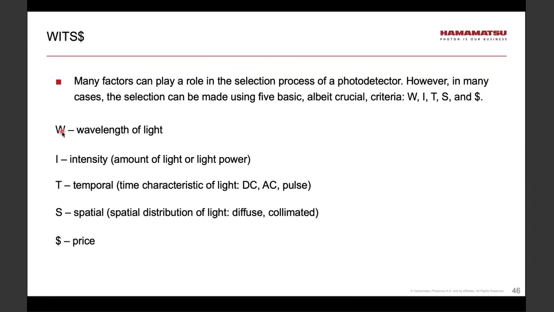W stands for the wavelength of light, I for the intensity or amount of incident light power, T for temporal characteristic of light, whether it's DC, AC, or a pulse, S for spatial characteristic, whether light is diffuse or collimated or something in between. And finally, the dollar sign represents the price.